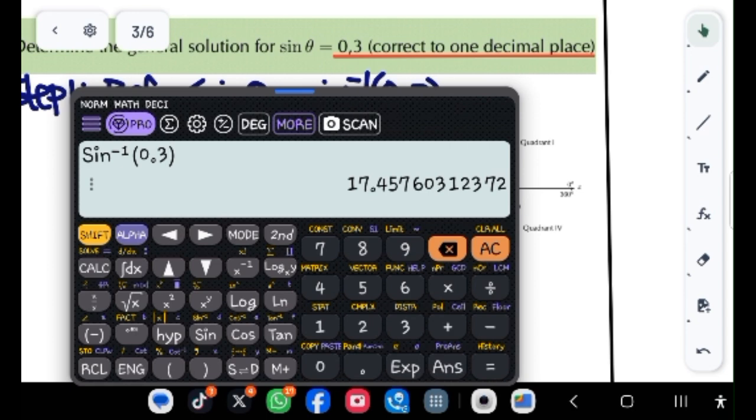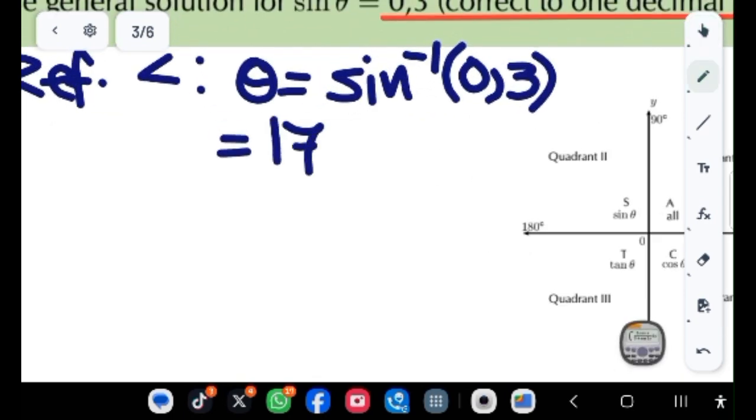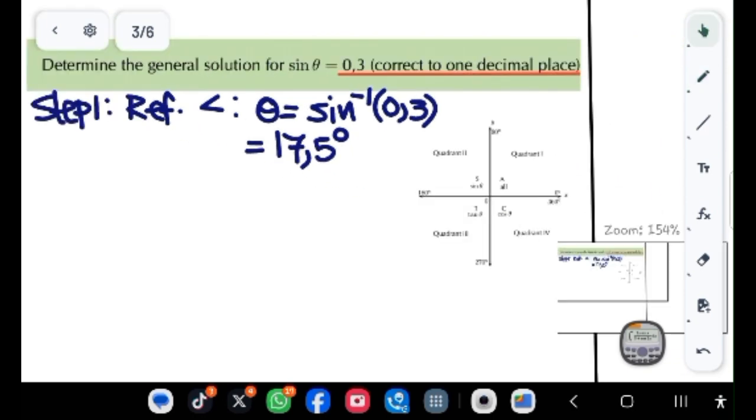The angle in this case is 17,4576 and so on. However, they said we must leave our answer correct to 1 decimal place, so you round that off and it will give us 17,5 degrees.